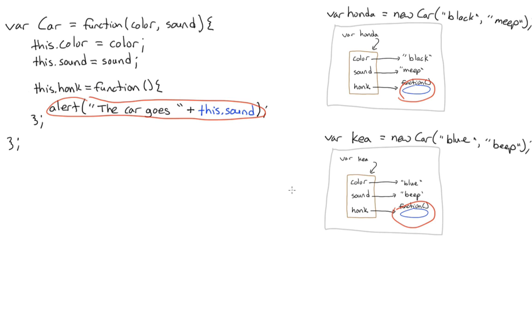So what we're going to learn in this lesson is how to set this up in such a way that each new car object will share one function in space.